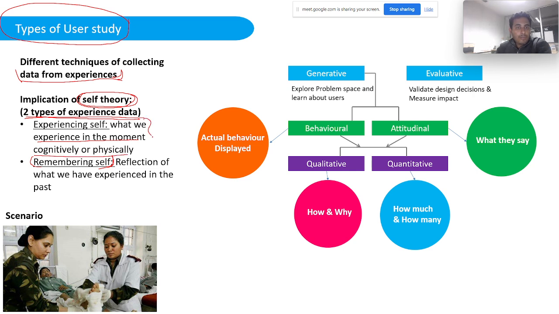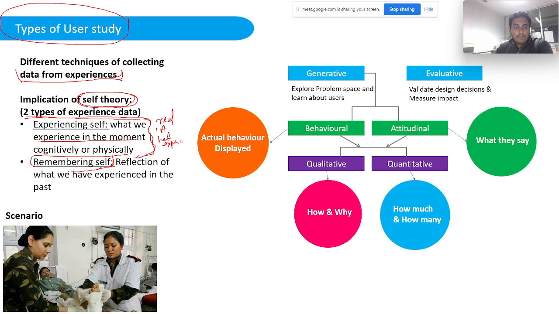Here we are talking about data experienced in real time, a reflection of you being in that particular environment. So this is more real in nature, and this is first-hand experience.